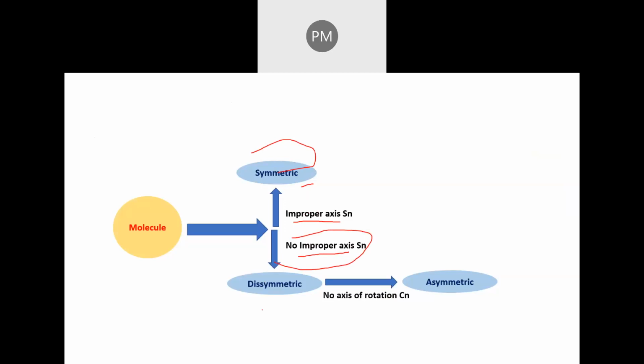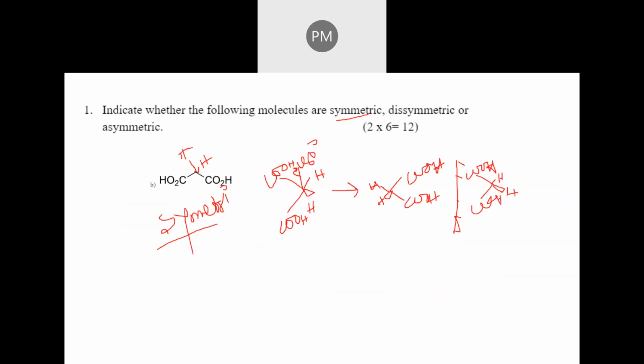And if there is no axis of symmetry present at all, then it will be an asymmetric molecule. Asymmetric molecules are generally chiral molecules. So this is the example where we have to find out whether this molecule is symmetric, dissymmetric, or asymmetric.